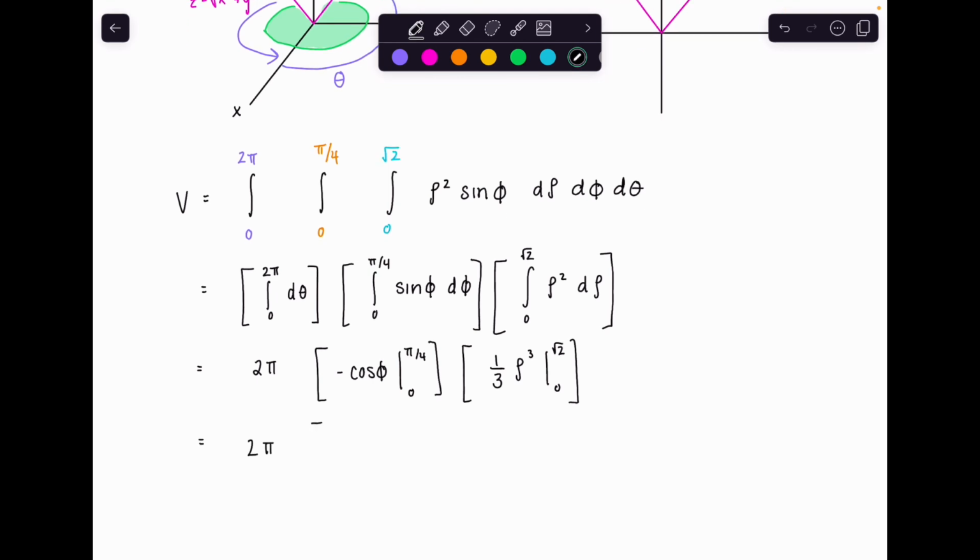So plugging in these bounds, we've got negative cosine of 45 degrees, that's negative root 2 over 2, minus negative cosine of 0, so that becomes plus 1. And then here we've got 1/3, and then really that's root 2 to the third. Minus 0 does nothing. If you left it like this it's perfectly fine here.